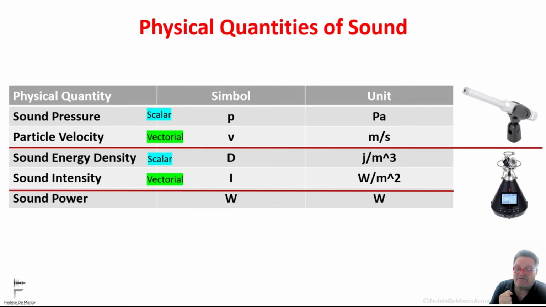This is why if you want to record the complete picture of the sound field, you need to record with a four-channel recorder: one channel for pressure and the other three for the velocity. This is the principle we will apply in the present course using an ambisonics microphone.